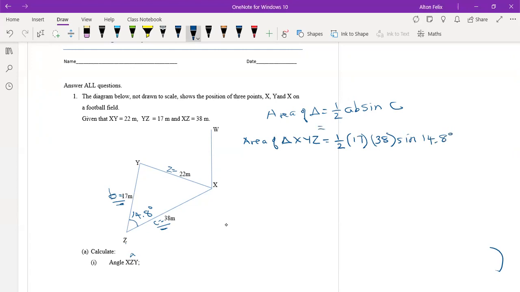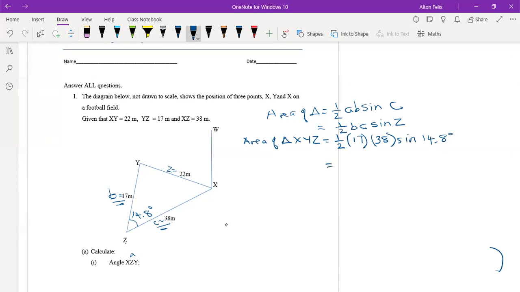So we did rewrite this equation to be half B multiplied by C, looking at triangle XYZ, sine angle Z. And that's how we got the values in the next line.